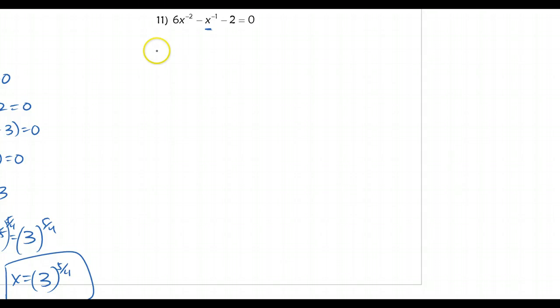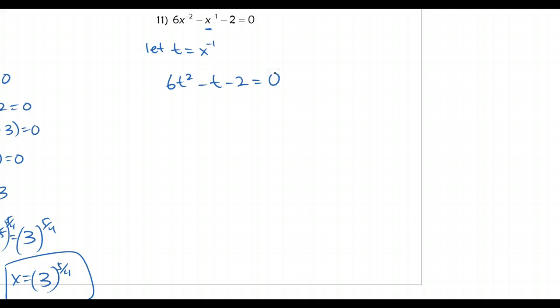Okay, now in problem number 2, let's let t, or whatever variable you want to use, anything you want to use, equal x to the negative first power. So if we rewrite this, we now have 6t squared minus t minus 2 equaling 0.